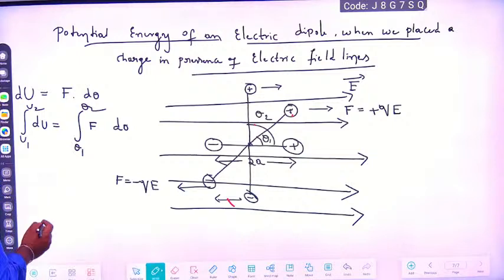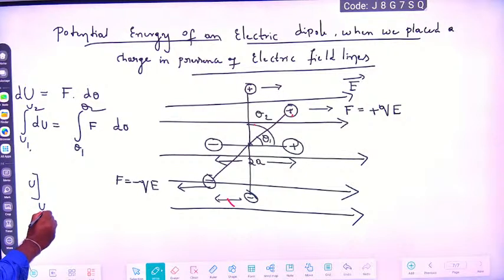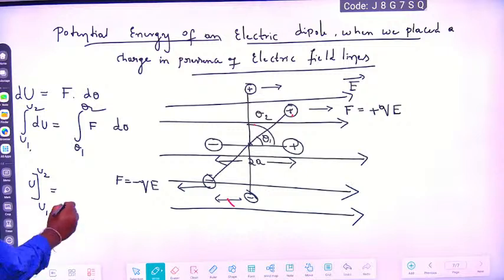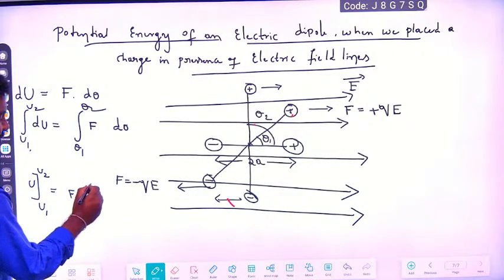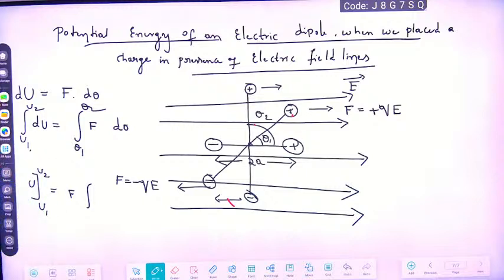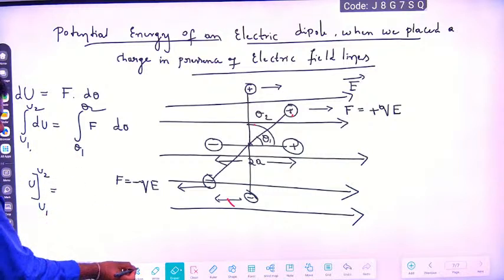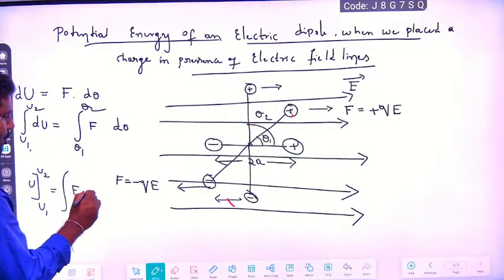I will write it again here: integration of dU is U from u1 to u2, equals integration of F d theta. F you take out, and the integration of d theta will be there. Then you just substitute F.